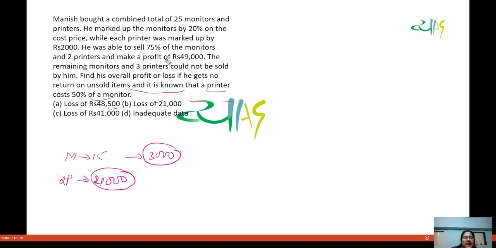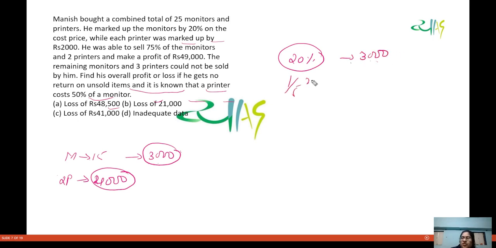Now it is saying that he marked up all monitors by 20%. So 20% is basically 3,000.